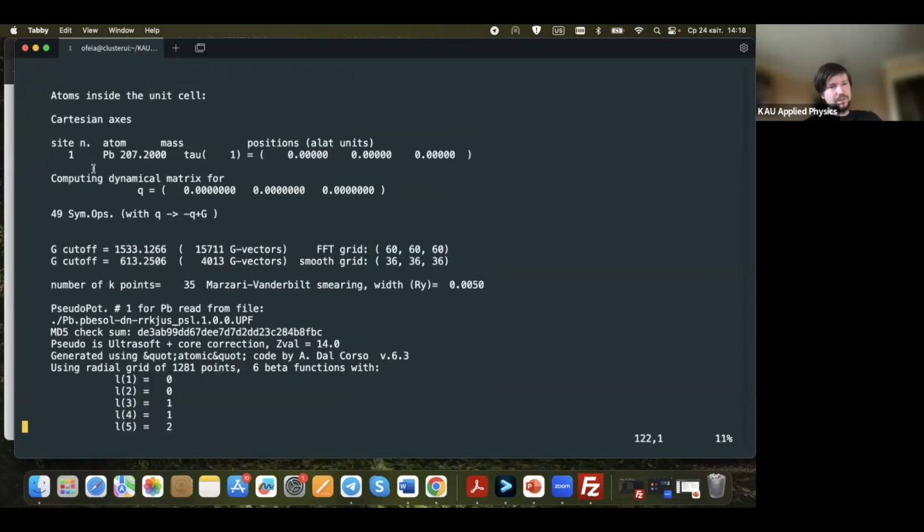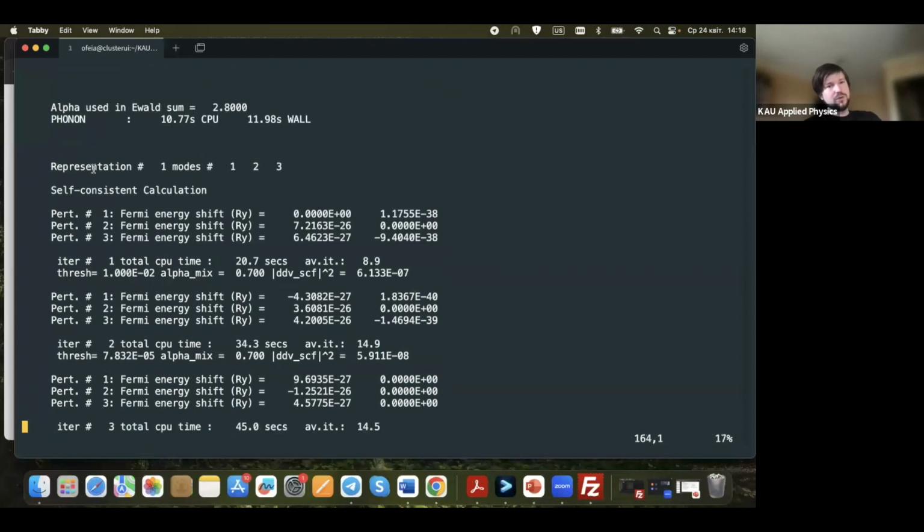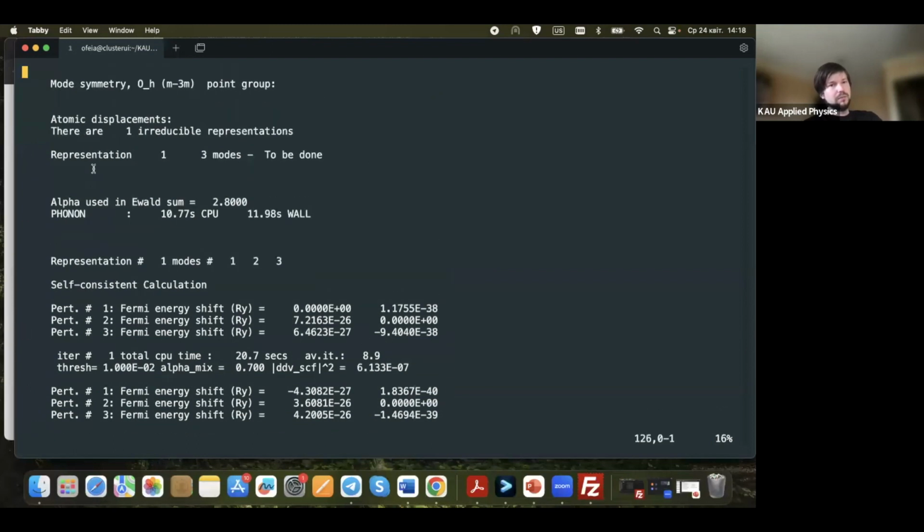Each of these Q points consists of modes. We have only 3 modes, because we have only one atom. Because we have 3 degrees of freedom and 3 modes, it means that we have only acoustic modes. So for one atom in the unit cell, we have only acoustic modes, no optical modes.